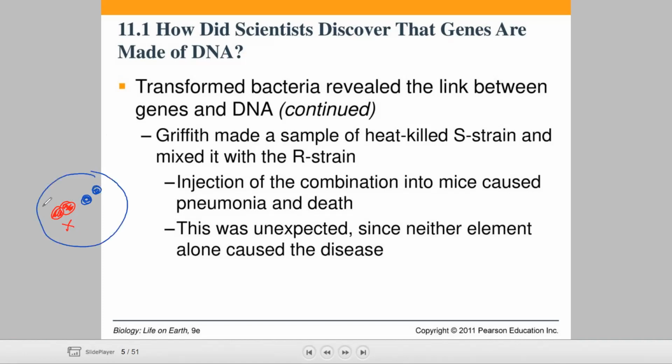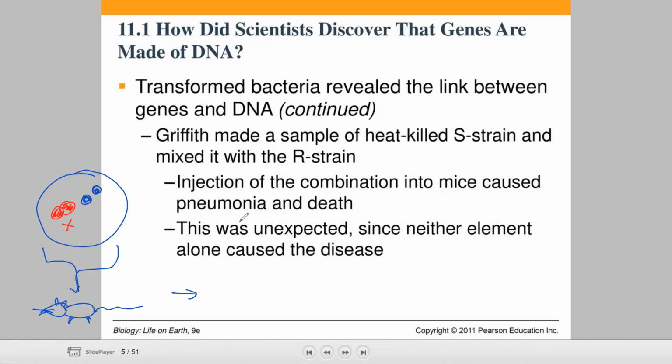Now, when I mix those 2 colonies of bacteria, I inject this combination into the mice. So this is the mice. This combination will cause pneumonia and death.